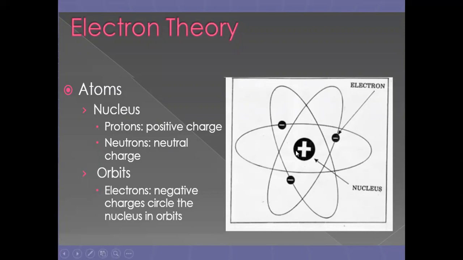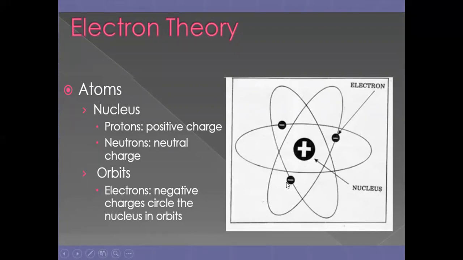There are two portions, mainly. The nucleus, which is a combination of protons and neutrons. Proton is positive charge, while neutron is neutral, there is no charge. And the other one, which is the focus of our electrical engineering, is the electrons.